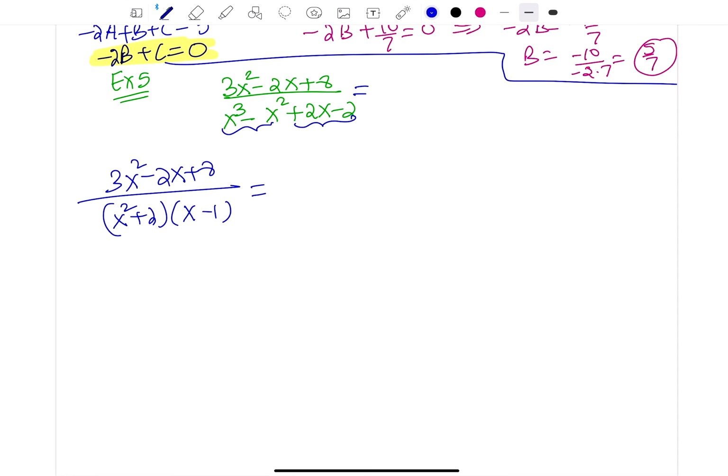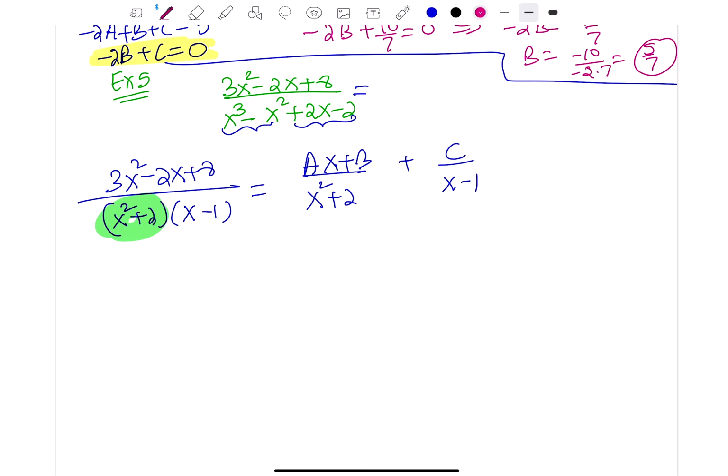Pull out a common factor between the first two terms, and then the common factor between the last two terms. Now again, we have a quadratic factor here, which is not factorable anymore. So we are going to set it up as (ax plus b) over (x squared plus 2) plus c over (x minus 1).